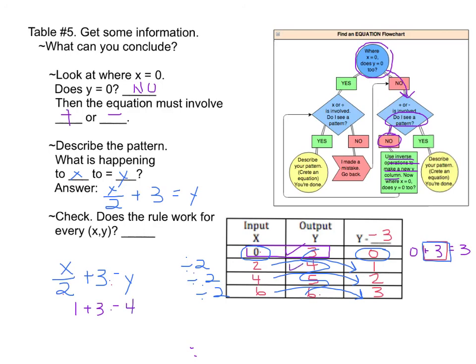Oh, that checks. 4 divided by 2 is 2, plus 3 would be 5. That checks. And 6 divided by 2 is 3, plus 3 will give me 6. So yes, it looks like I have found a rule that works for every x and y. Now go ahead and do your quick check and see how well you understood today's lesson.